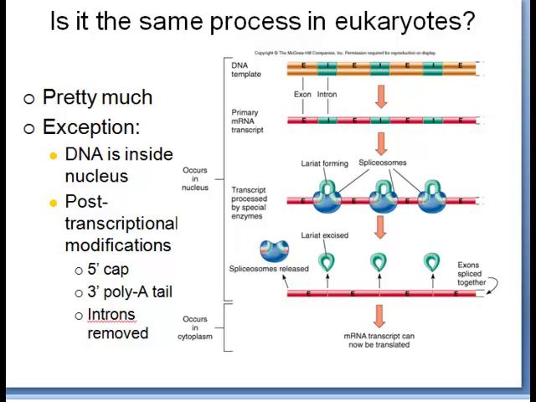So the 5' cap protects the mRNA from being hydrolyzed by the hydrolytic enzymes in the cytoplasm, and the poly A tail ensures the same, so that it is protected.